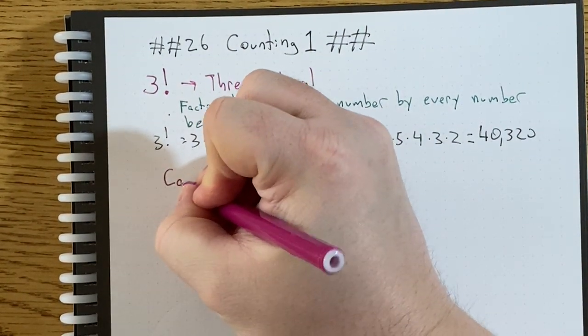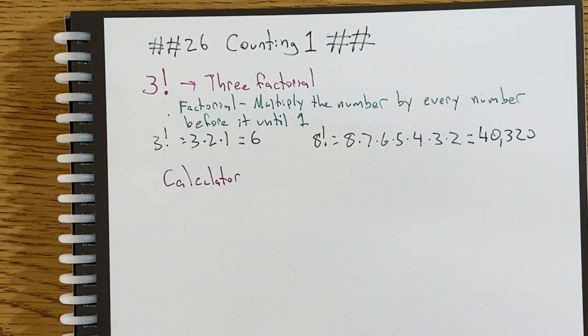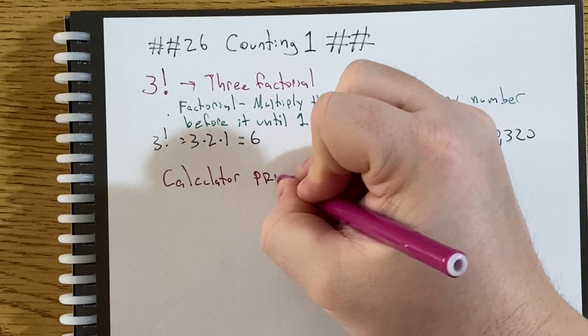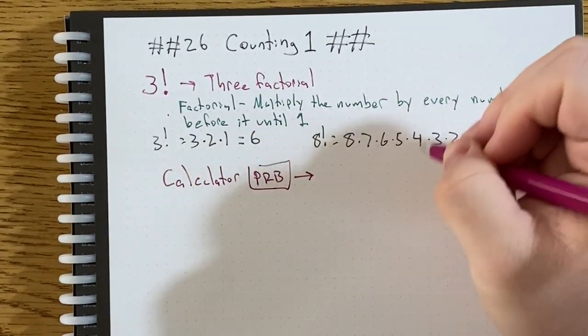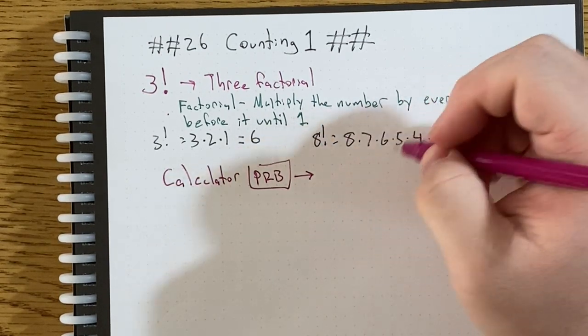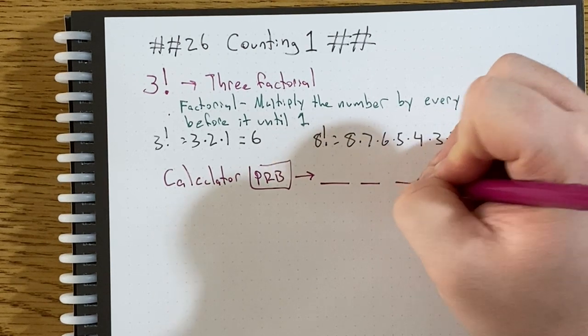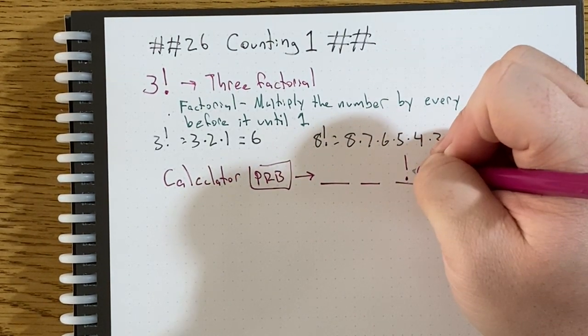But just so you know, on a calculator, on one of those blue ones that we have, if you go to PRB, that button, and then it's going to have a list of 3 things. The last one, I believe, being that factorial symbol.